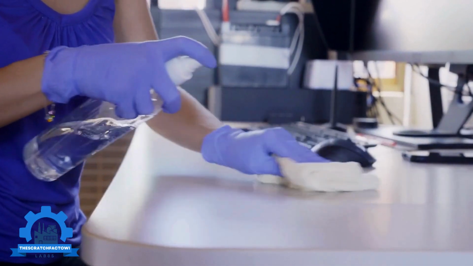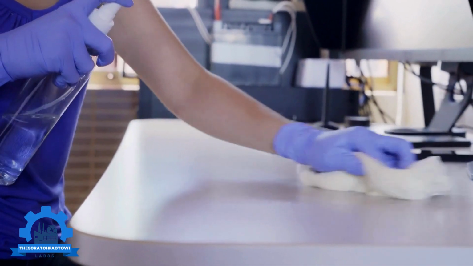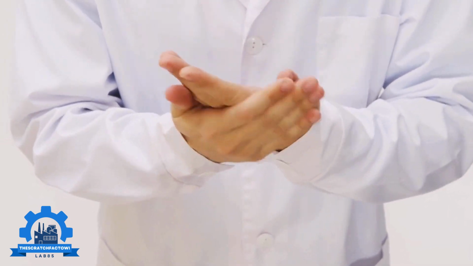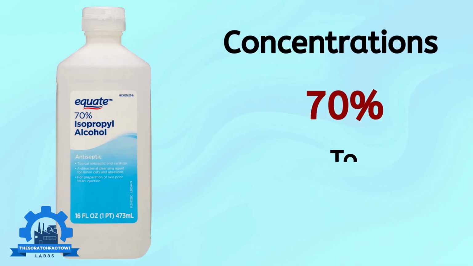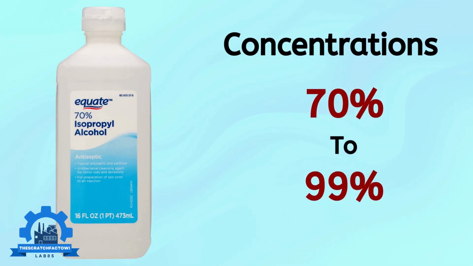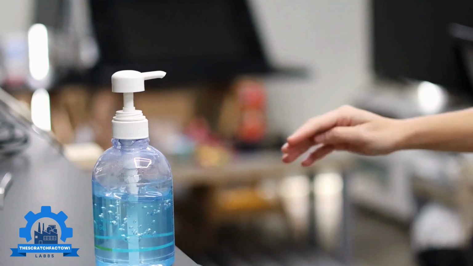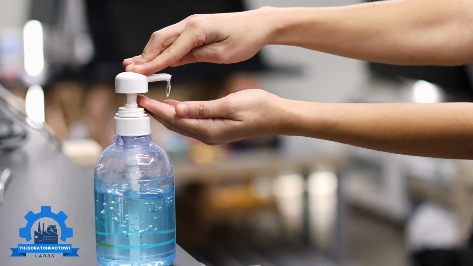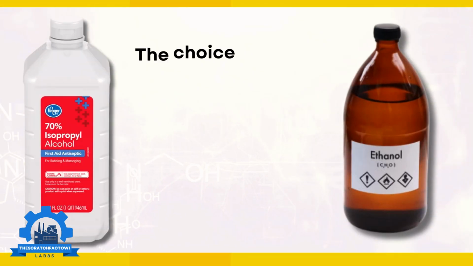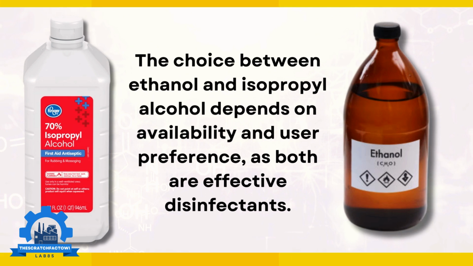Isopropyl alcohol, also known as rubbing alcohol, is another type of alcohol used in hand sanitizers, typically at concentrations between 70% and 99%. It has a strong odor and evaporates quickly, making it ideal for sanitizers that dry fast. The choice between ethanol and isopropyl alcohol depends on availability and user preference, as both are effective disinfectants.